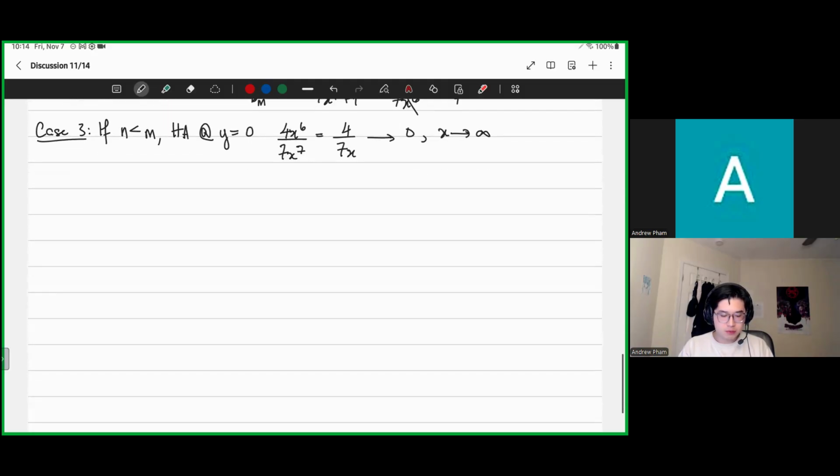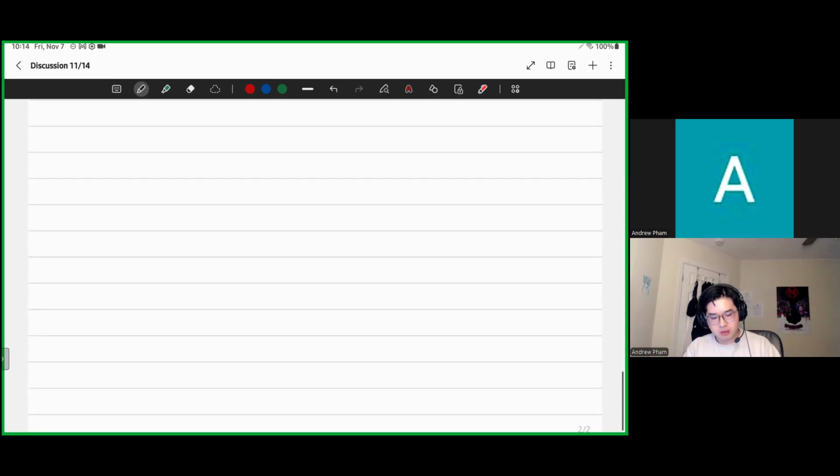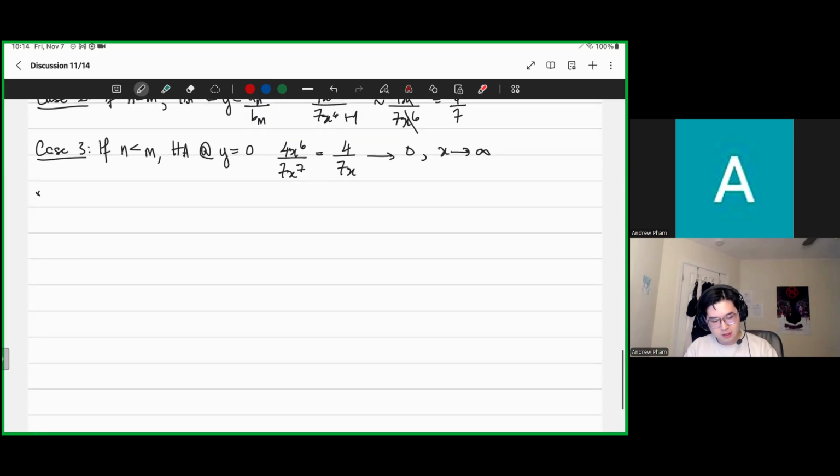So in terms of examples, we would also like to think about graphing these rational functions, and we have some steps that we would like to do. But keep in mind, again, we can't pass through VAs, but we can pass through HAs.